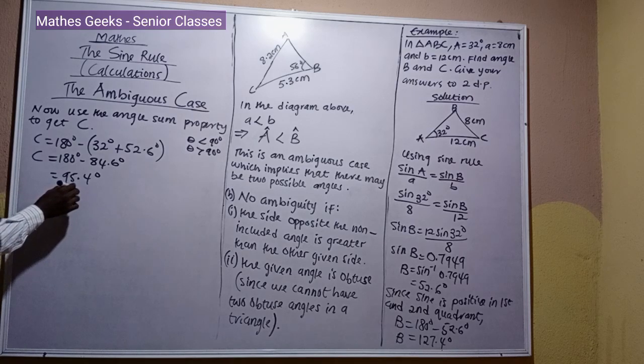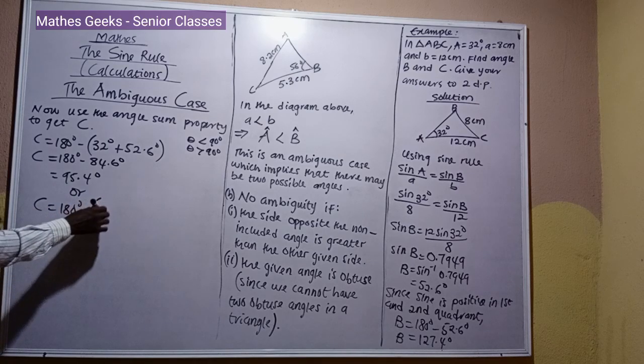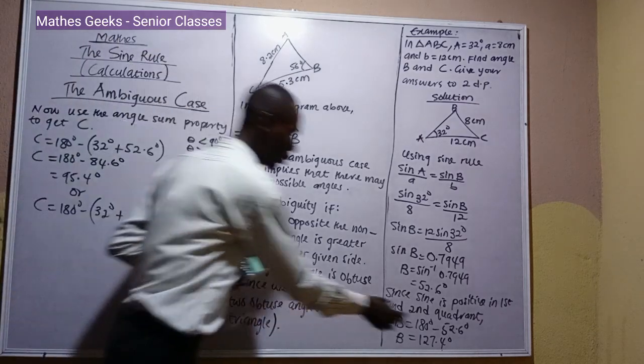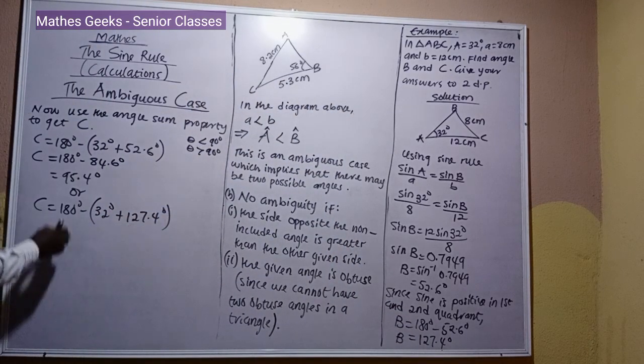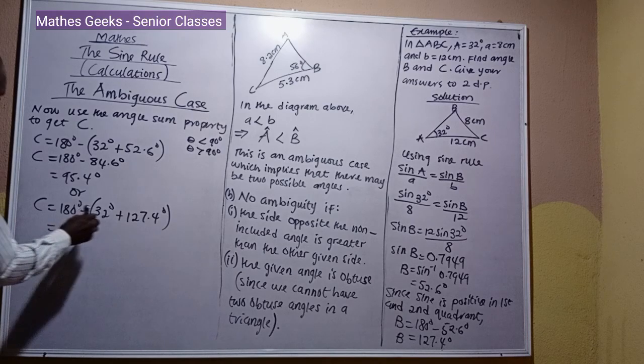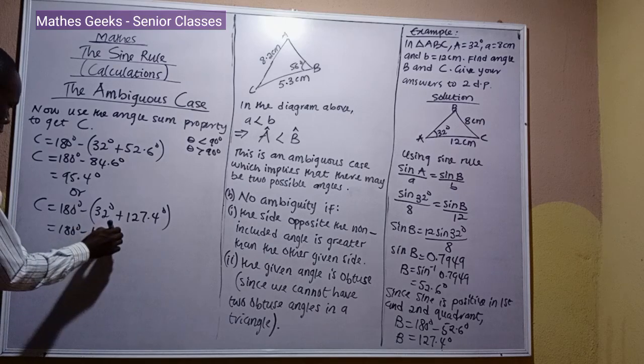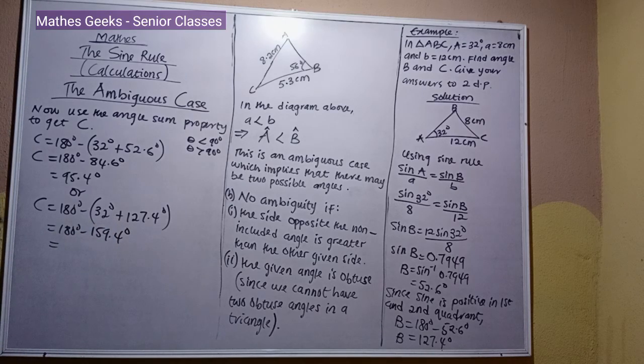Or you can say C is equal to 180 degrees minus 32 degrees plus this angle 127.4 degrees, which is 180 degrees minus 159.4 degrees, which will give us 20.6 degrees.